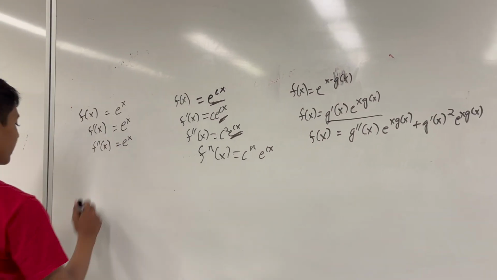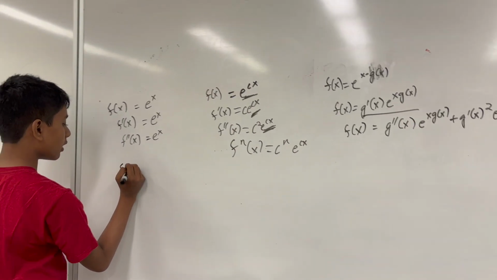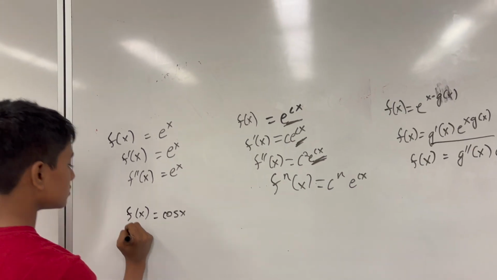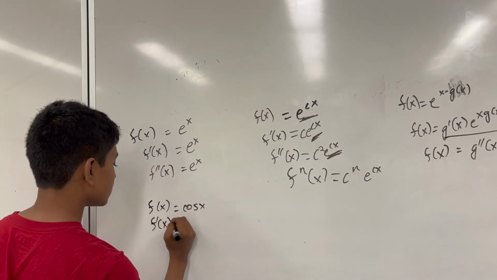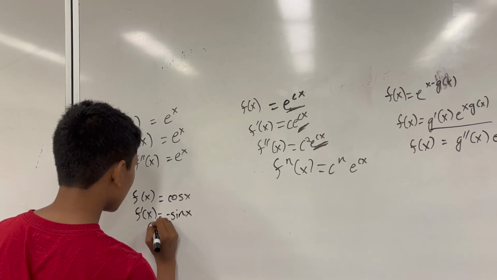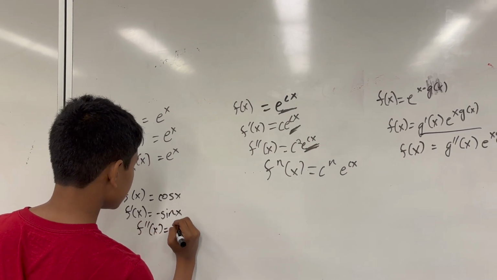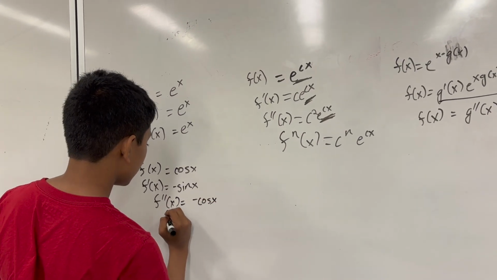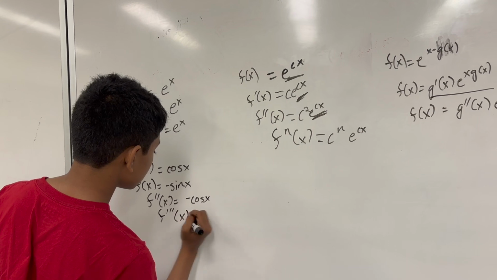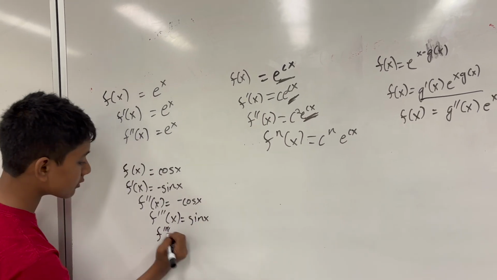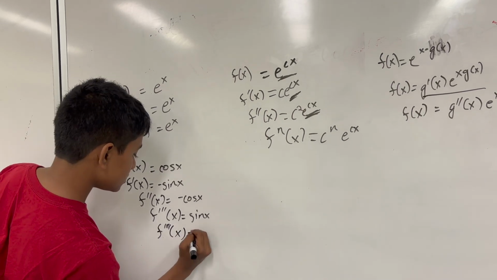And now let's talk about the trig functions, because you probably know that after 4 derivatives, they get mapped to themselves. So you get f of x is cosine x, f prime of x is minus sine x, f double prime of x is negative cosine x, f triple prime of x is sine x, and f quadruple prime of x is cosine.